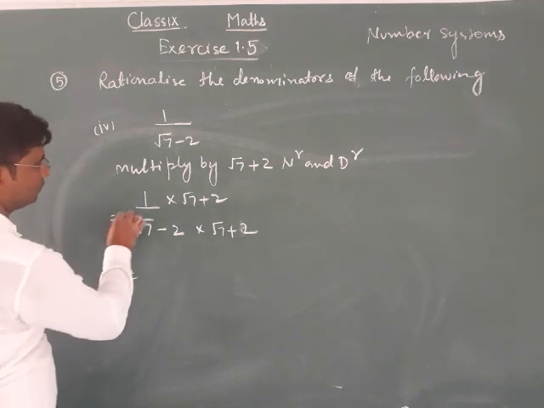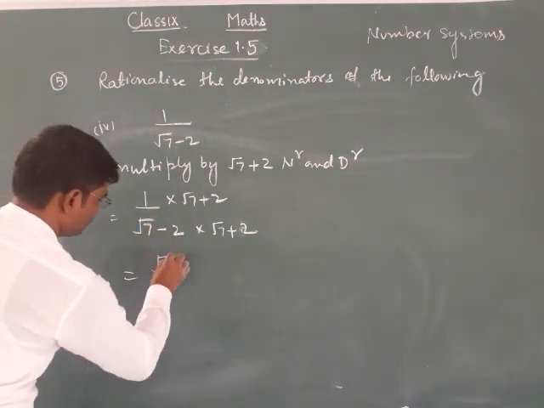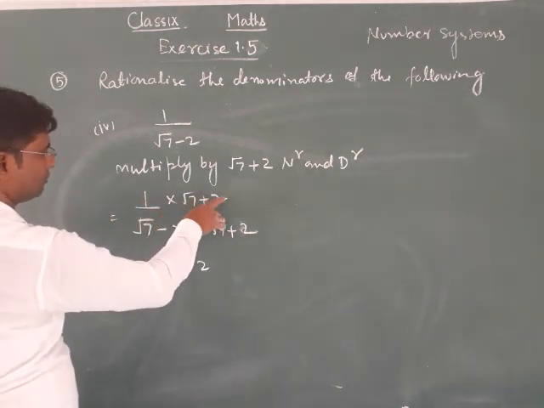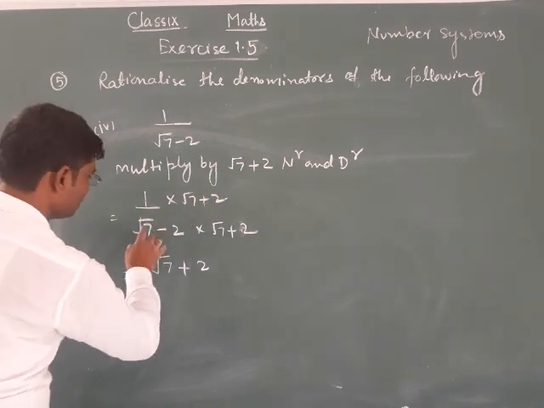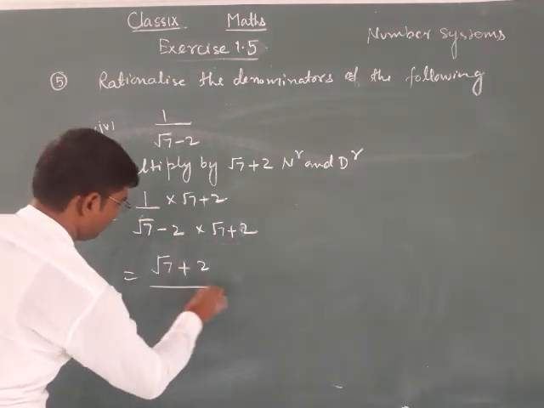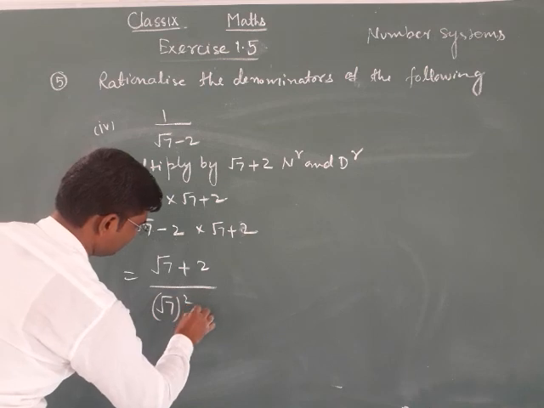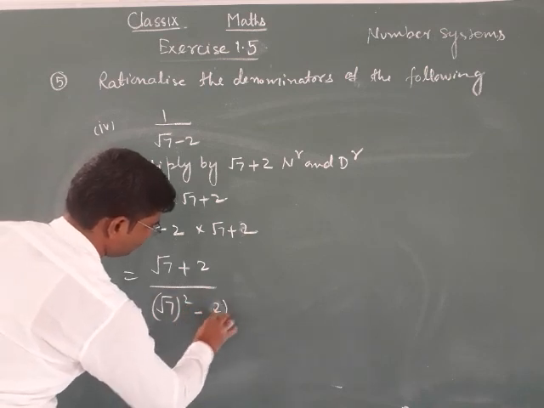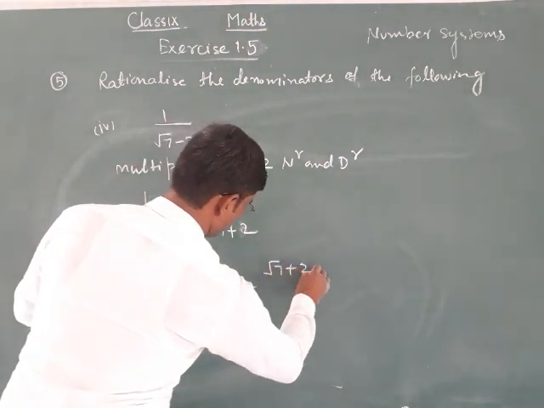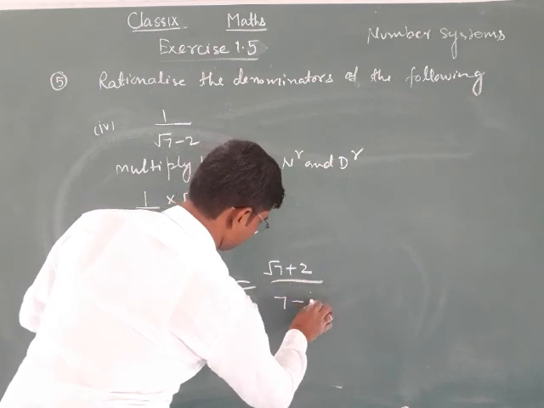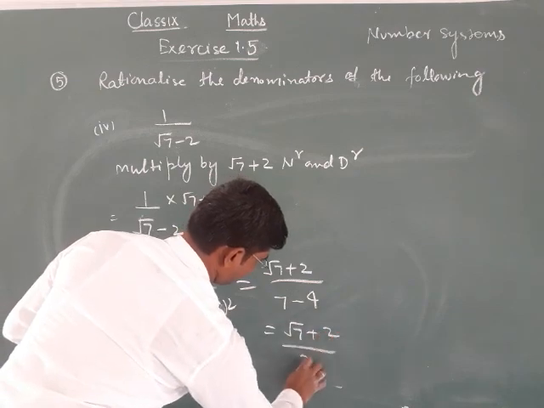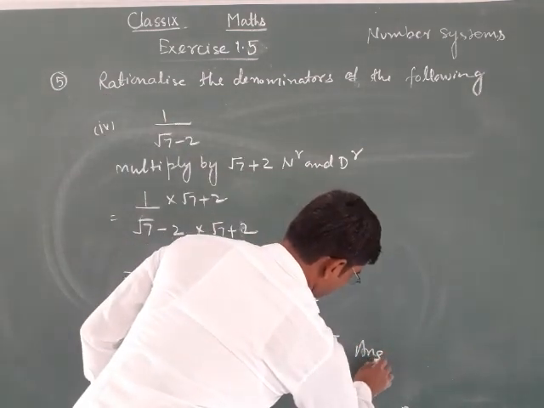The numerator is multiplied by this with no change, giving root 7 plus 2. In the denominator we use the identity a minus b, a plus b: root 7 square minus 2 square, which is 7 minus 4. So we get root 7 plus 2 upon 3. This is the answer.